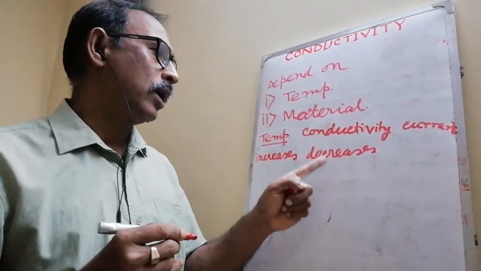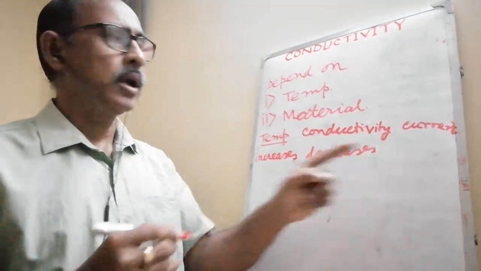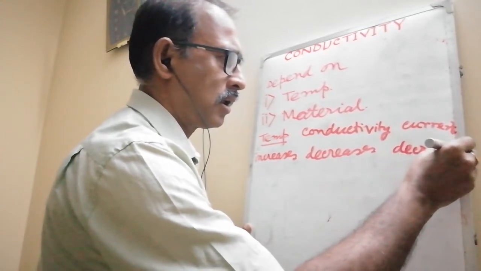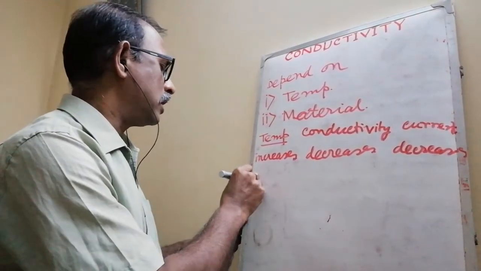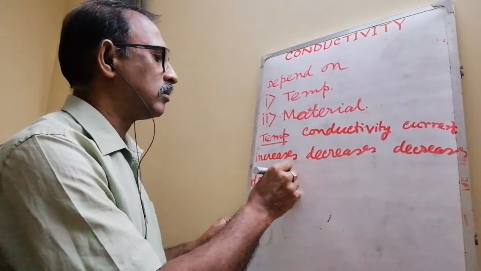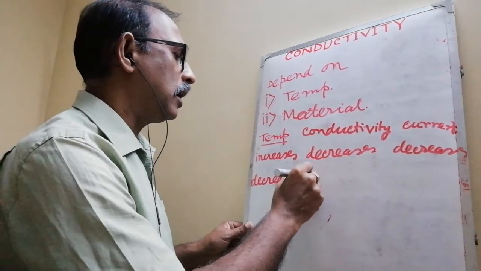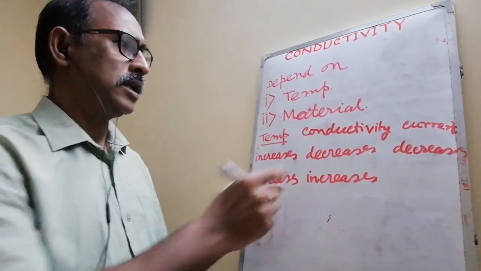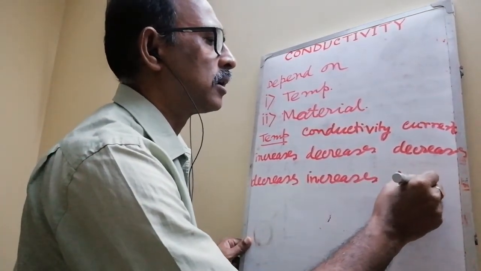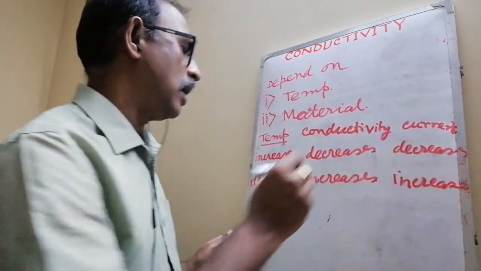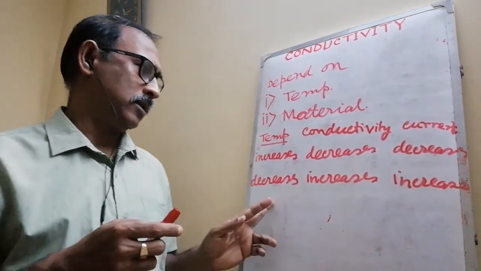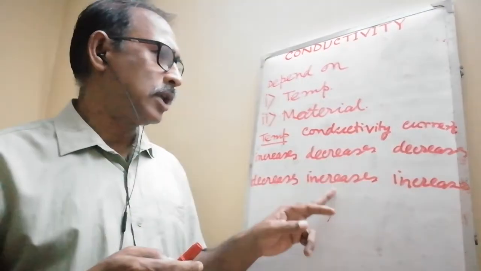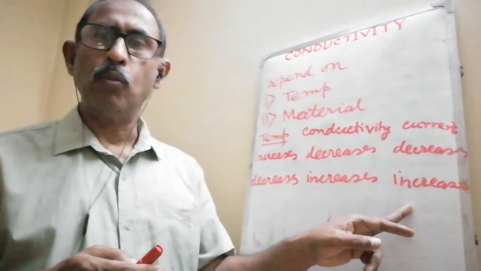That means if the conductivity decreases, then the current decreases. If temperature decreases, then conductivity increases. If the conductivity increases, then the current also increases. That means at lower temperature, the conductivity is more. As the conductivity is more, the current is also more through the conductor.